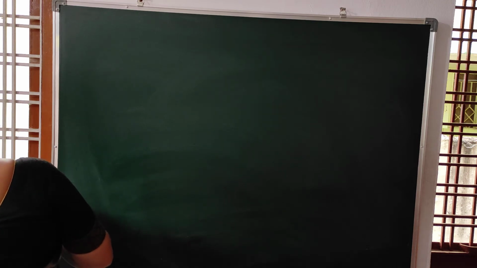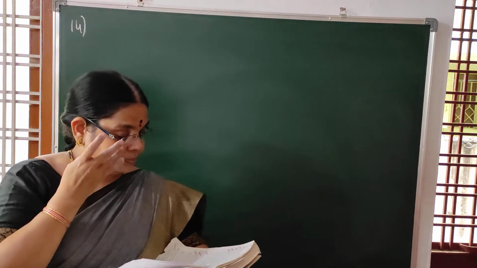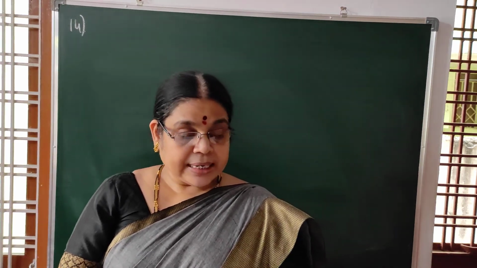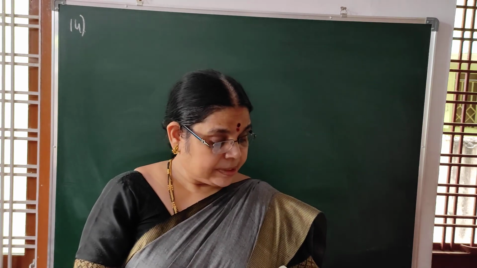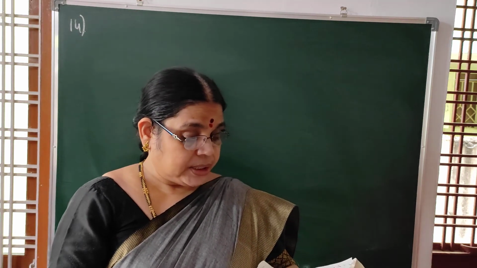Next question. Fourteenth sum. I am currently 5 times as old as my son. In 6 years' time, I will be 3 times as old as he will be then. What are our ages now?